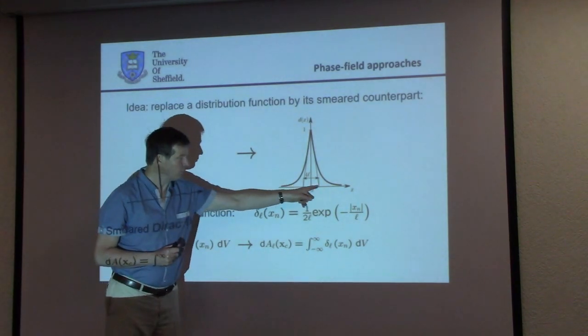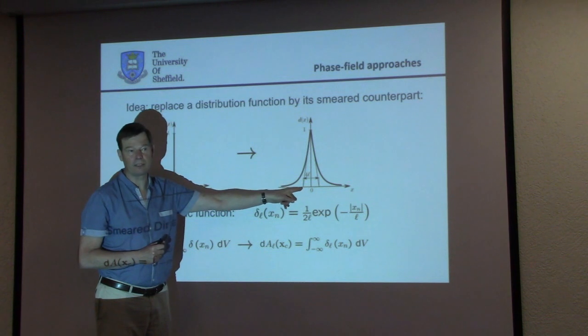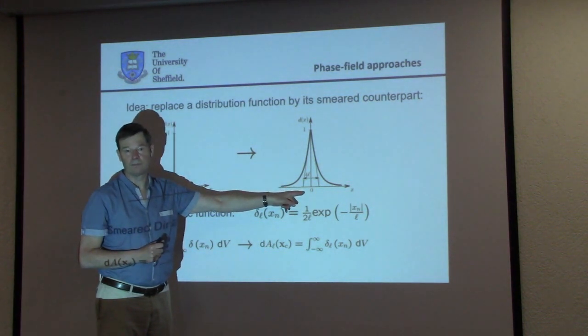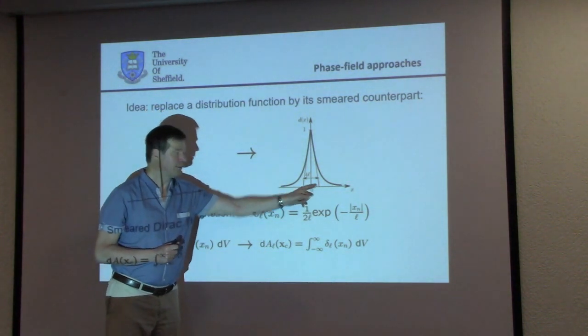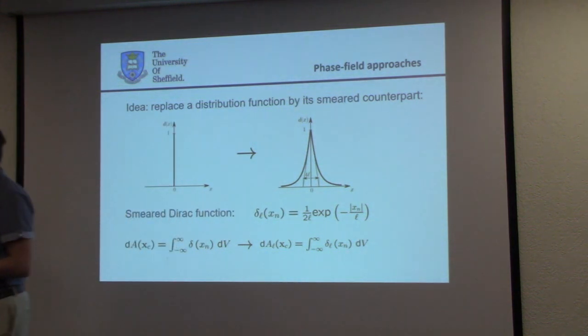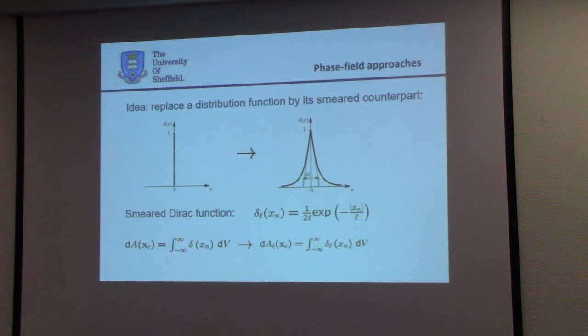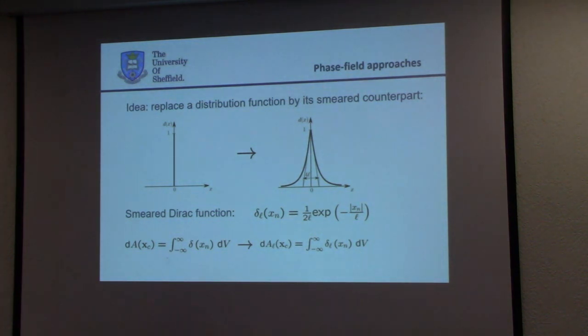Obviously, you have to introduce a parameter which controls the width. And this parameter, which mathematicians have introduced as a regularization length, turns out in mechanical processes to be this internal length scale, which we also saw yesterday in many of these gradient damage models, these non-local damage models.